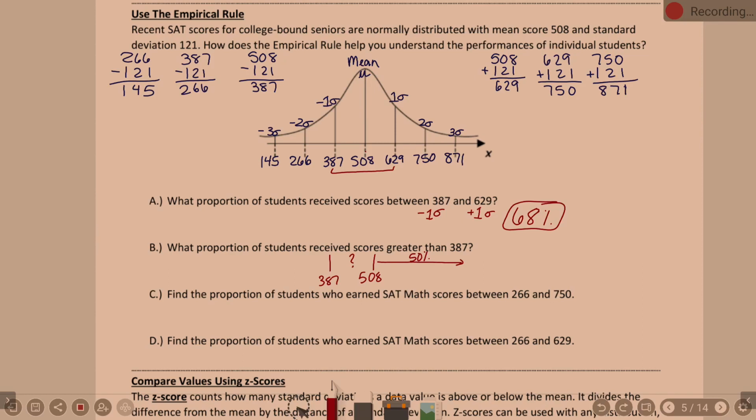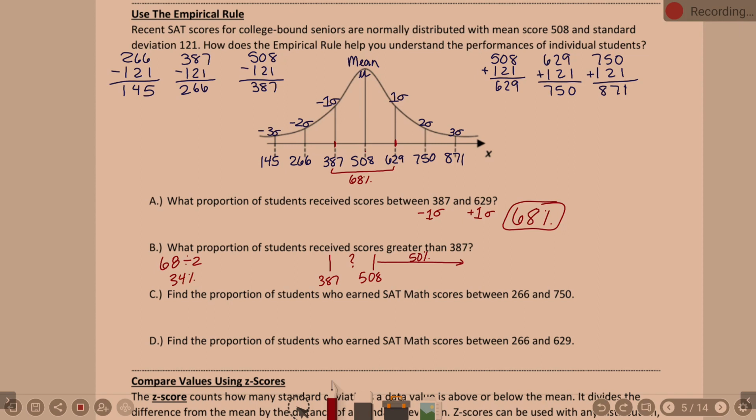Now, what is obvious to me, and I think this is where maybe Jack was going, what do we know from 387 to 629? 68%. If that's 68%, what do you know about each of those pieces? 34. Can we agree that they're each 34? Because basic math says 68 divided by 2 is 34%.